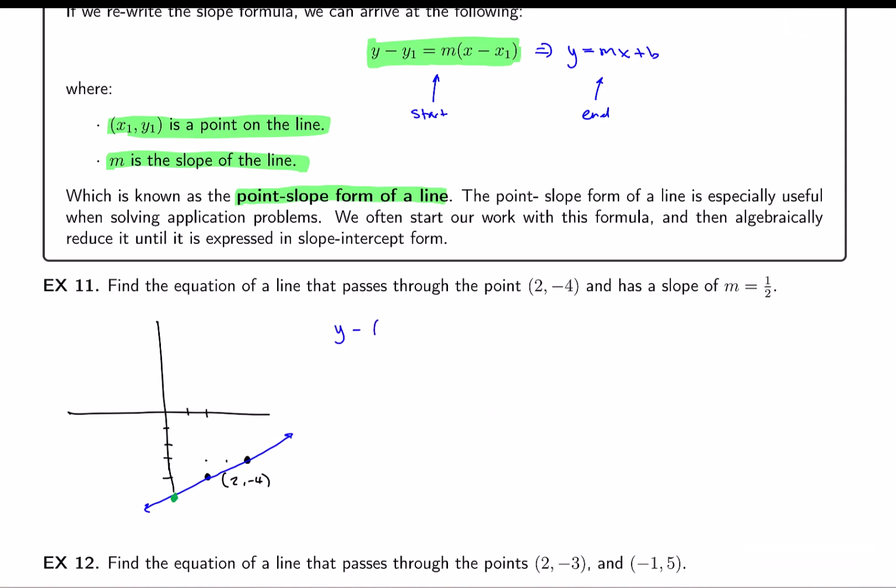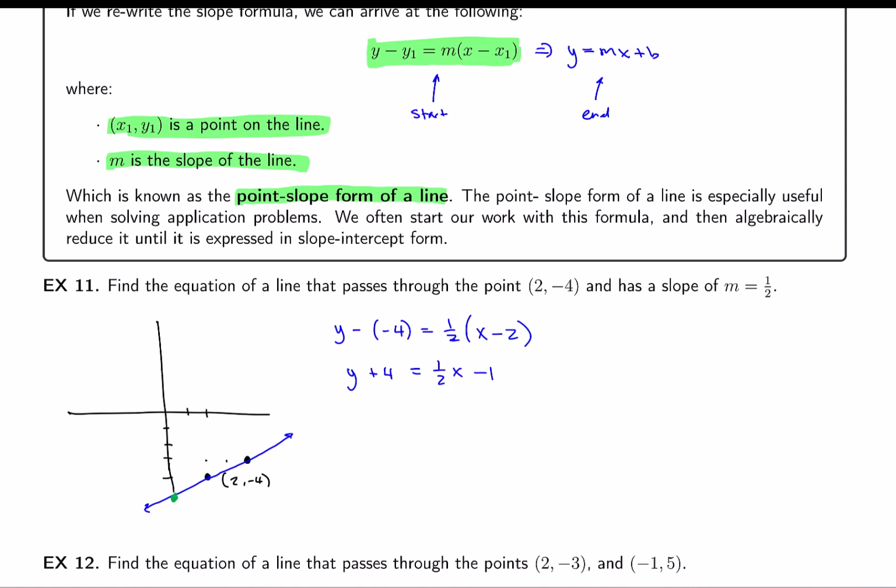It's going to be y minus the y coordinate of the known point equals m, which is 1/2, times x minus the x coordinate of the known point. And then just algebraically simplify here. This would be distributing the 1/2, so 1/2 x minus 1.